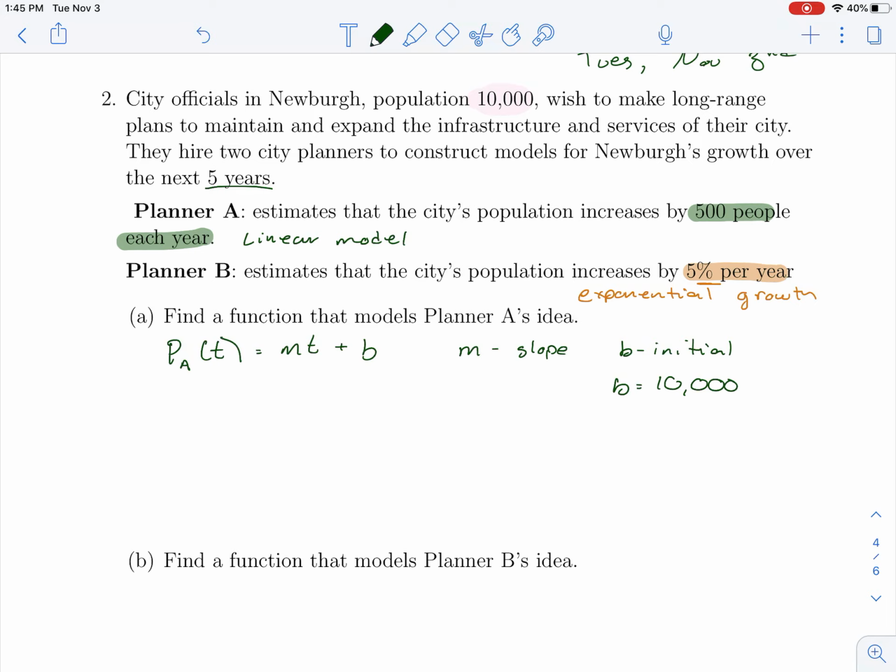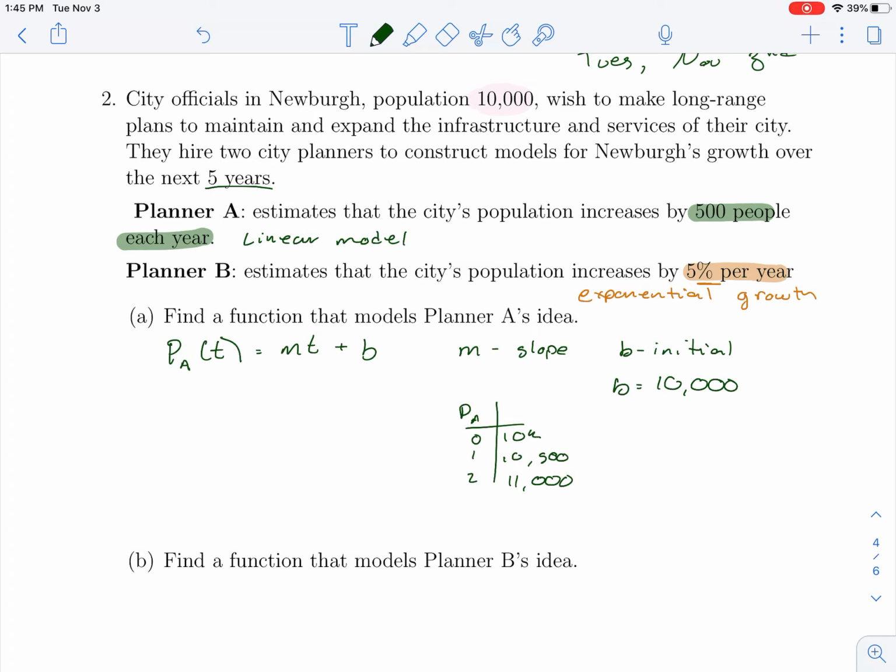So if I'm going to increase by 500 people each year, that's going to look like, right, I have 10K now. In 1 year, I'm going to have 10,500. In 2 years, I'm going to have 11,000. So that average rate of change of 500, I'm just adding 500 for each year.